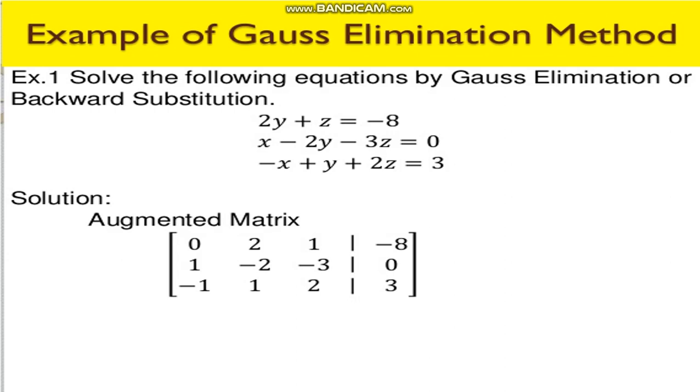In the second equation, we take the coefficient of x 1, of y -2, of z -3, and 0 as it is. Similarly, in the third equation, we take the coefficient of x -1, of y 1, of z 2, and 3 as it is.